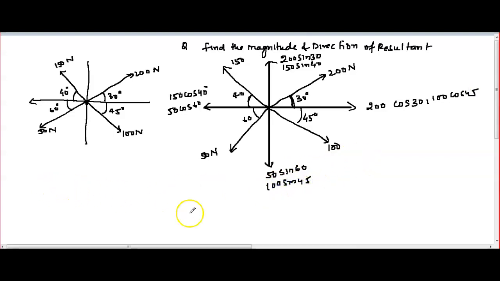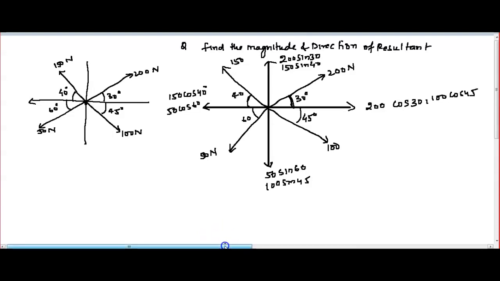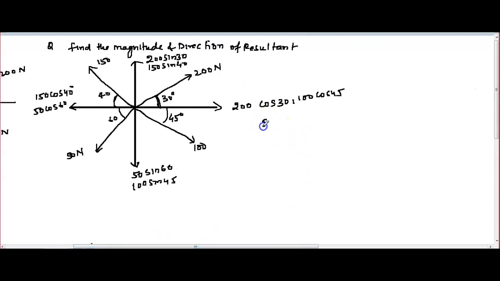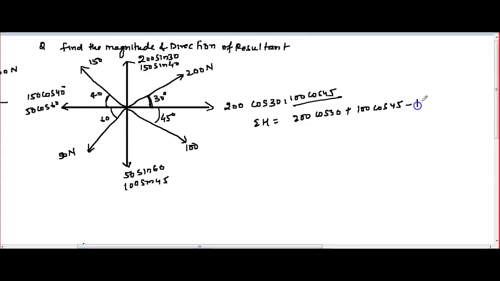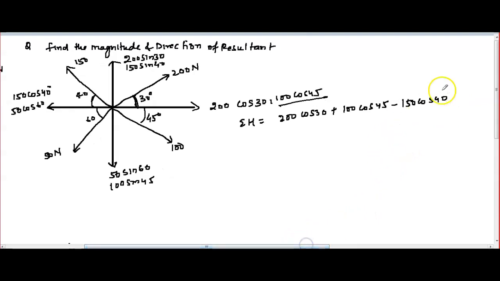Okay, so tell me the total horizontal forces first. Summation of F of x, horizontal, is equal to 200 cos 30 plus 100 cos 45, minus 150 cos 45 and minus 50 cos 60.